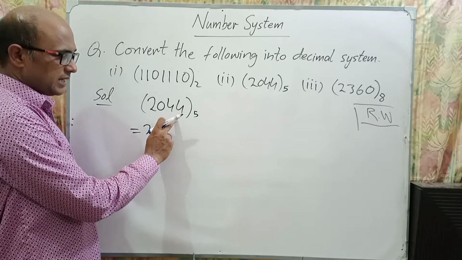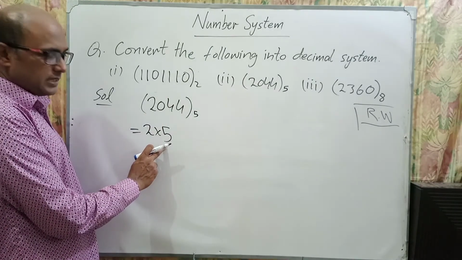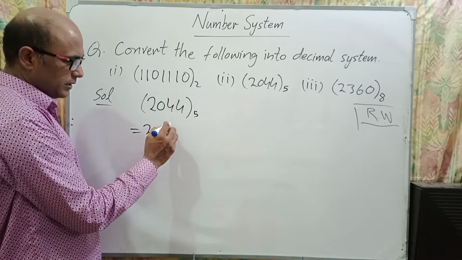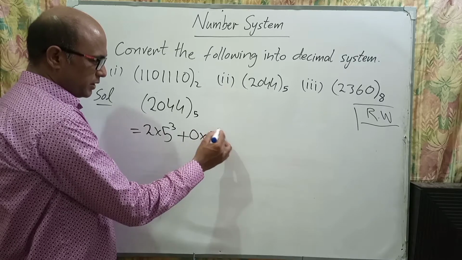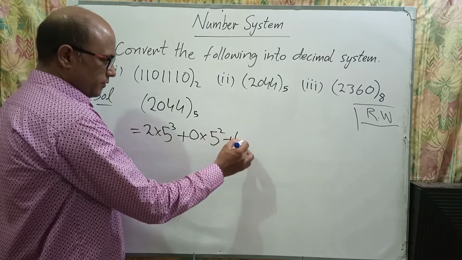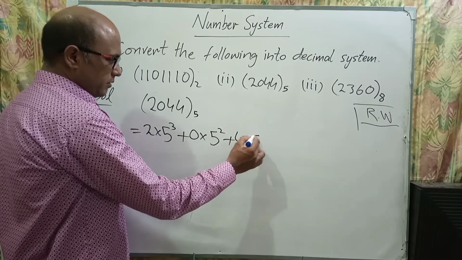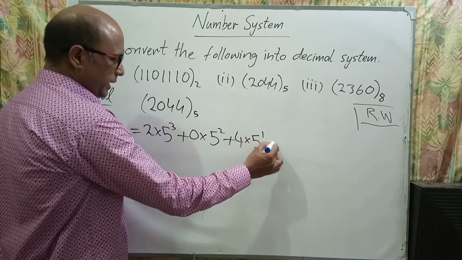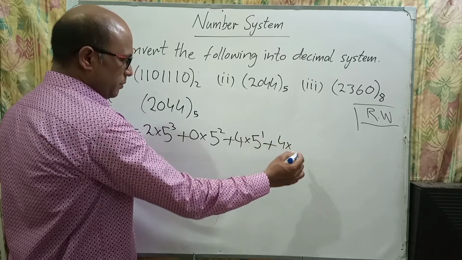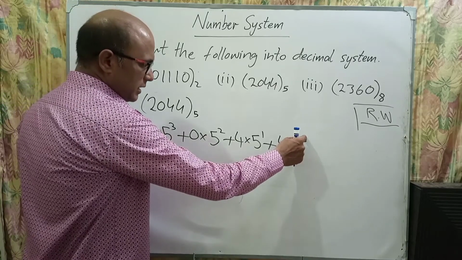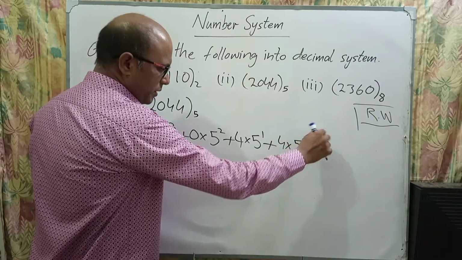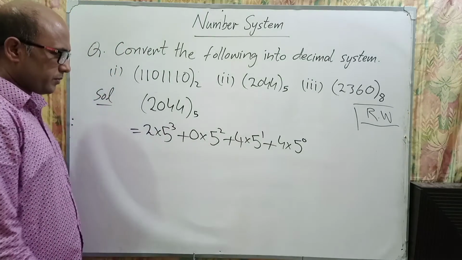Number of digits are 4, so we'll write the power of 5, 3. 0 multiplied by 5 power 2 plus 4 multiplied by 5 power 1 plus 4 multiplied by 5 power 0. The last power of the base should be 0.